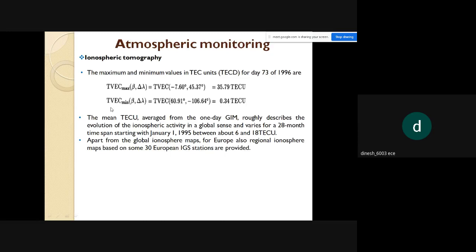Similarly, TVEC min at beta, del lambda was at 60.91 degrees, minus 106.64 degrees, where the value was 0.34 TECU.